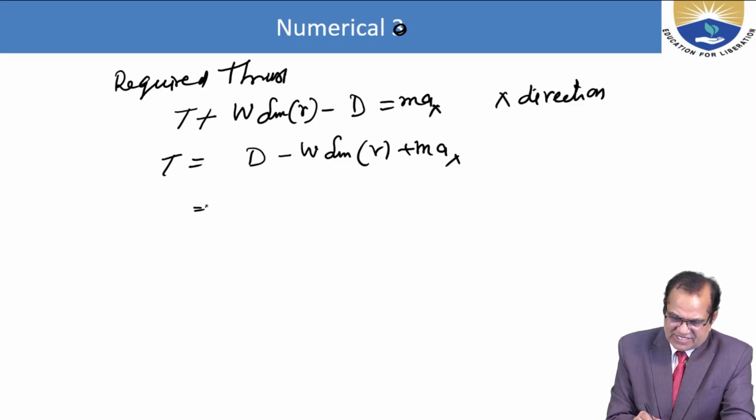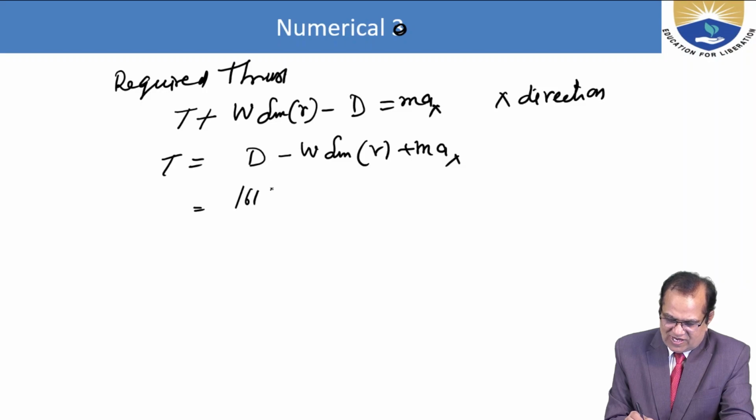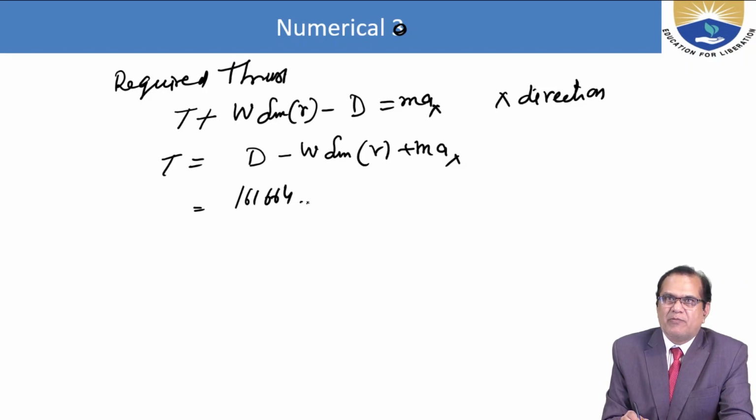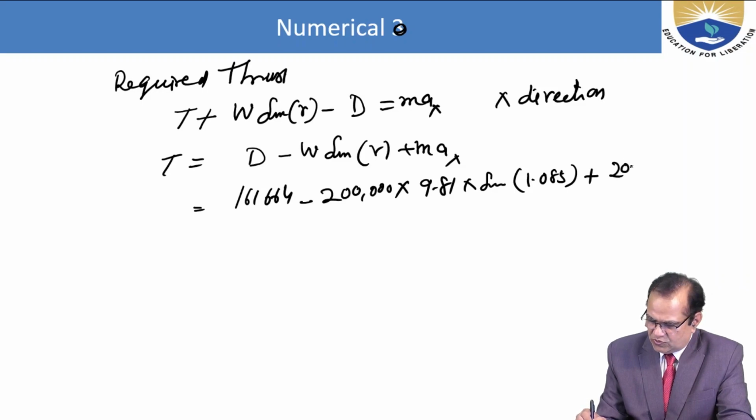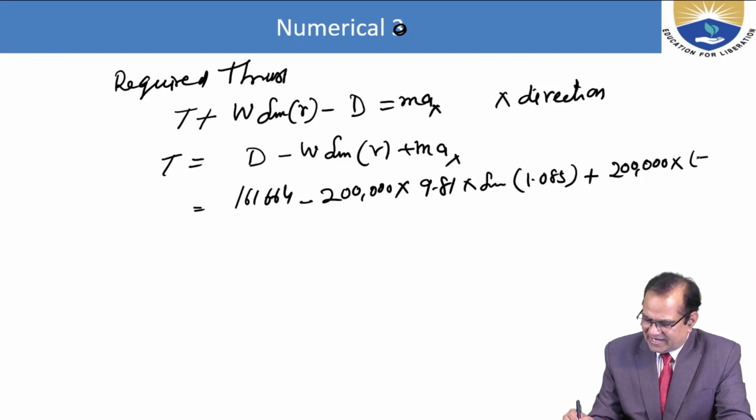So if I am putting this value of drag 161664 minus W is 200,000 into 9.81 into sine of 1.085 plus M is equal to 200,000 into ax is equal to minus 0.118.